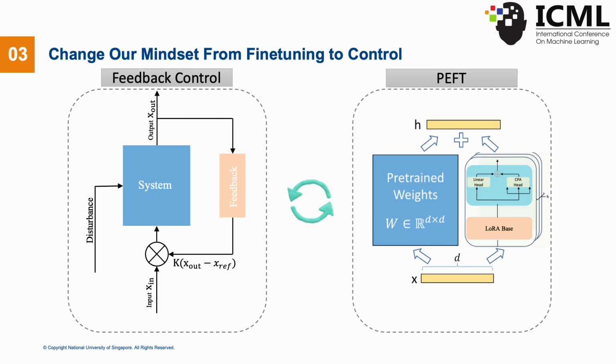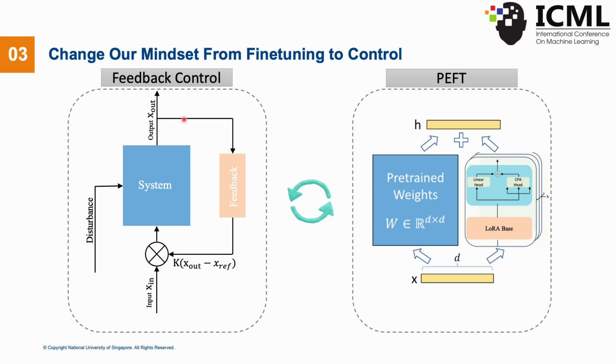Now let's change our mindset a bit and jump out of the conventional weight tuning scheme. In particular, consider a classical control system where we have a system and we want to steer it into a reference target. Suppose we have some input signal and it goes through the system to generate the output signal. But the output signal may not be close to the reference in some downstream tasks.